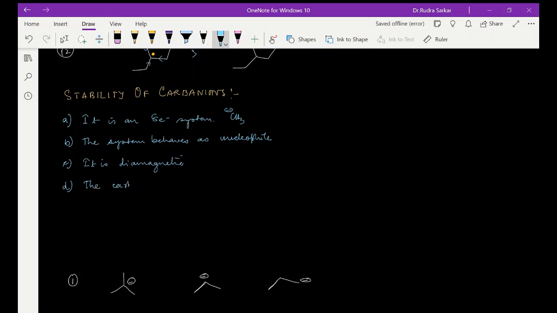The carbon is sp3 hybridized and has pyramidal shape. Unlike as in carbocation or in radical, where it was sp2 hybridized.